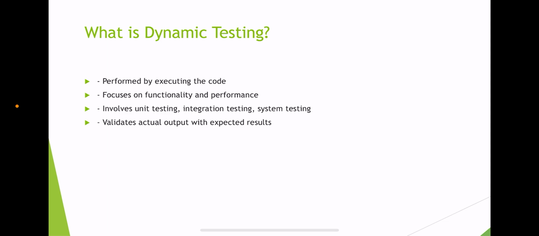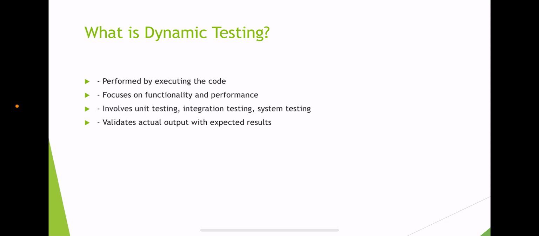Dynamic testing should be performed once the actual code is deployed and the final build is given to the tester. At that time the tester will perform the actual execution of the test cases and find out the defects. That testing is called dynamic testing.